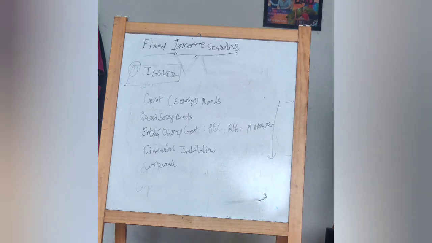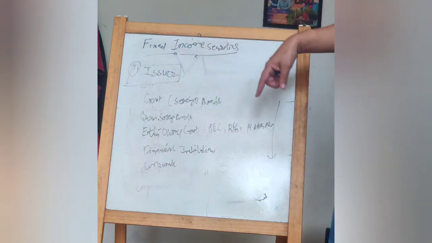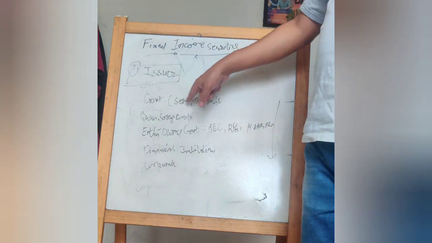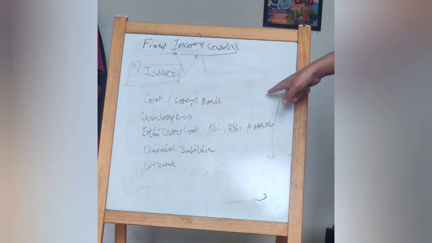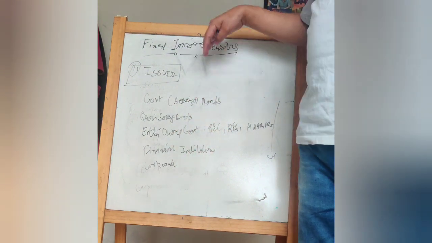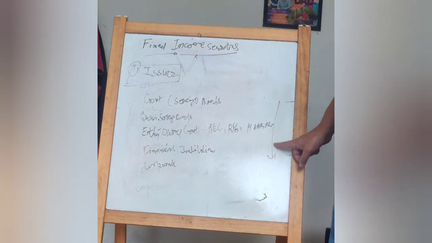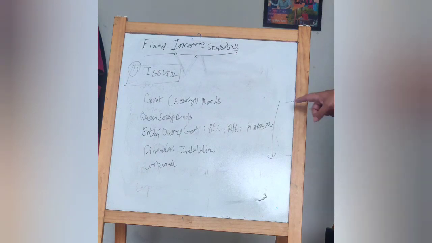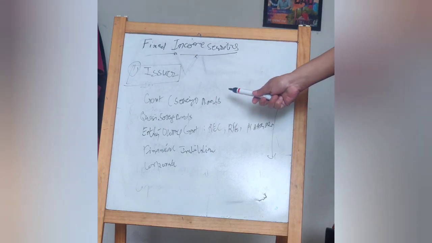If you see the pricing, then the pricing of a government bond will be tighter because the risk is less, and for a corporate, if everything remains the same, the pricing of the corporate bond will be much cheaper compared to the government because of the risk involved.